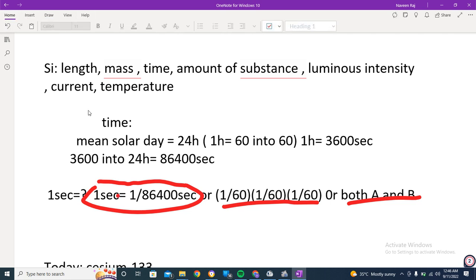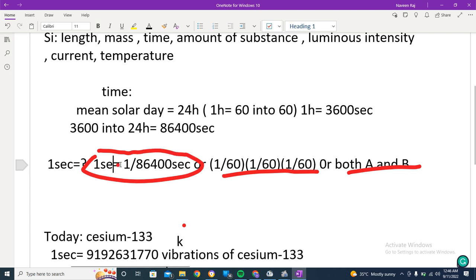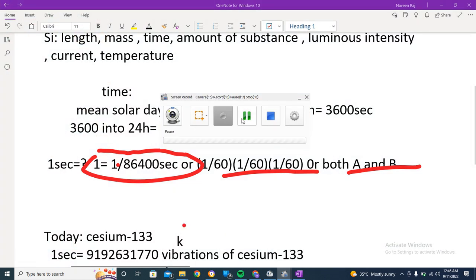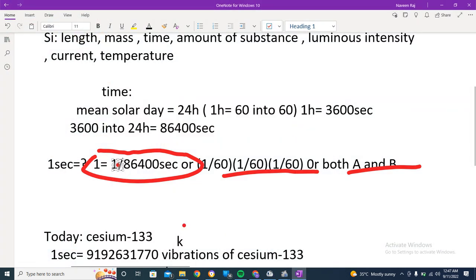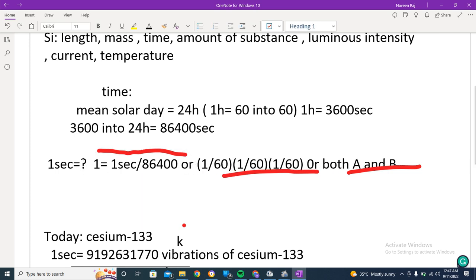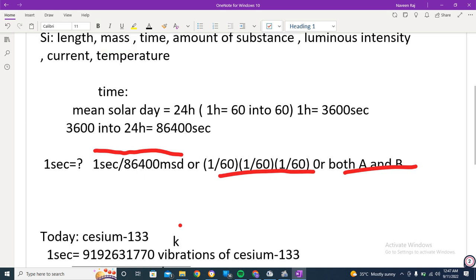Let me correct this over here. 1 second is equal to 1 upon 86,400 MSD, right?